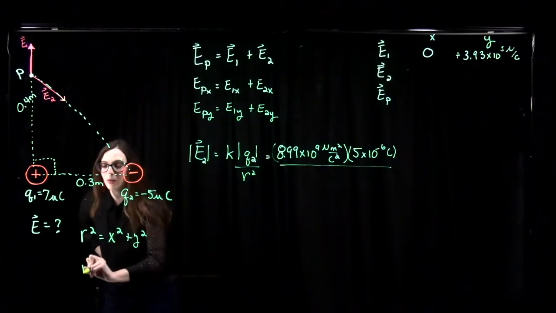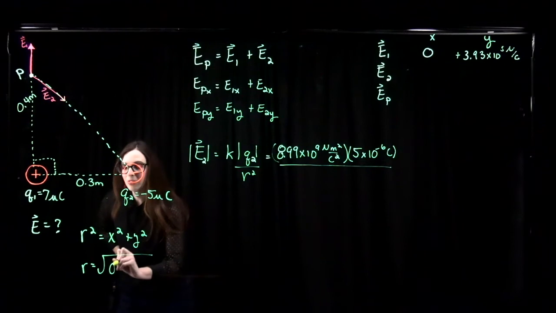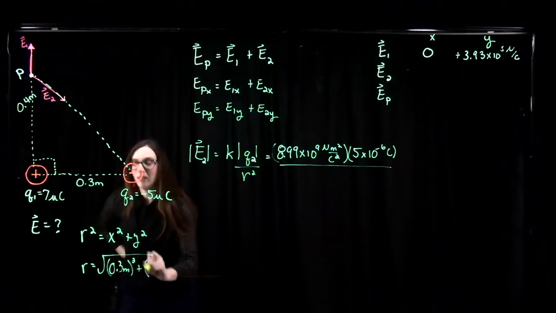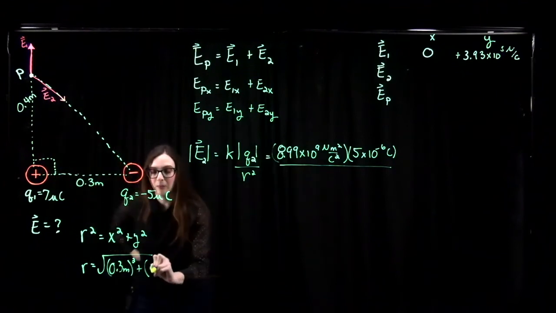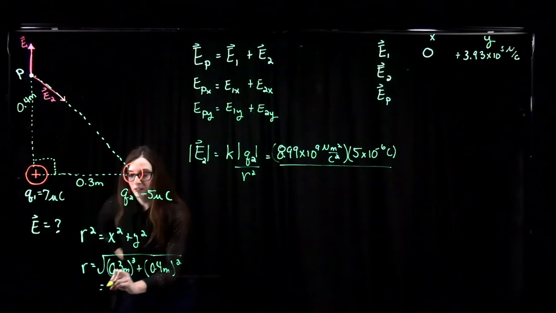You take the square root of both sides, so R will be the square root of 0.3 meters squared plus the y component, 0.4 meters squared, and that gives us a distance of 0.5 meters.